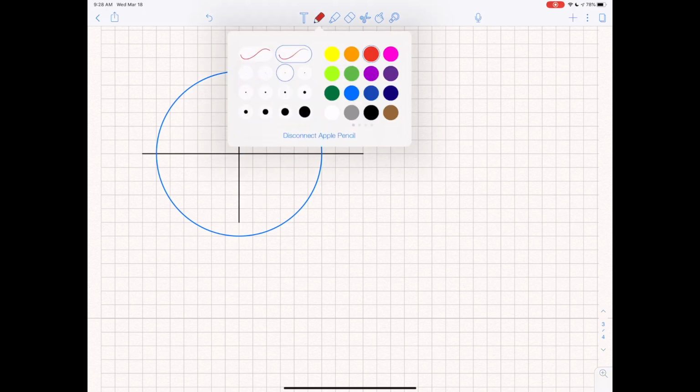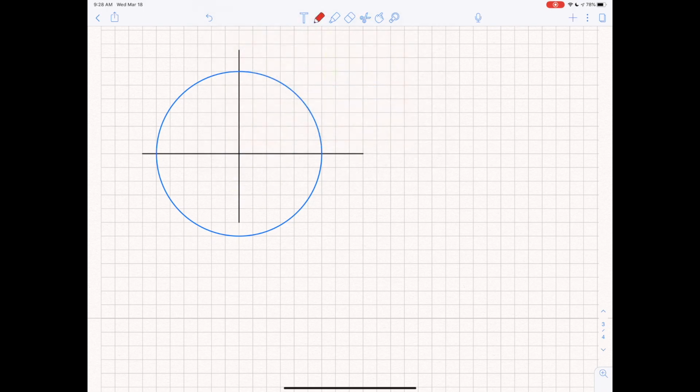Why not? Let's do theta is 2 pi over 3. We know from the unit circle that 2 pi over 3 would sit about right here. This is 2 pi over 3.